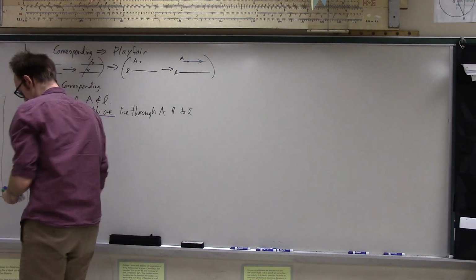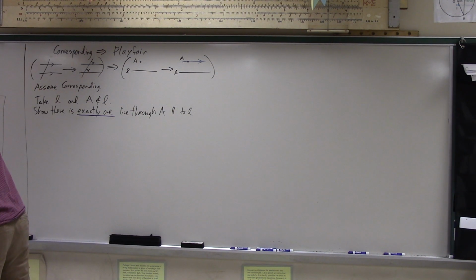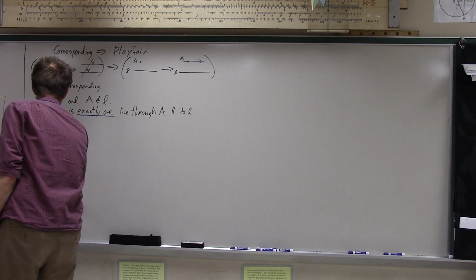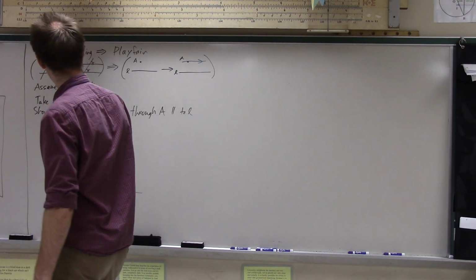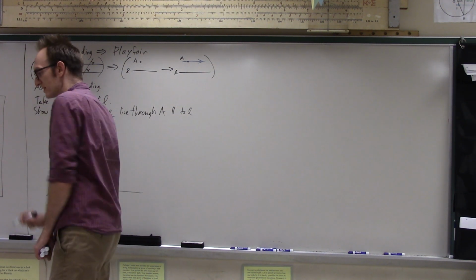Okay, let's do that. Now, just take a look at what I do here. So I have some line L, and what I want to do is take some point A, which is not on it. Step one.